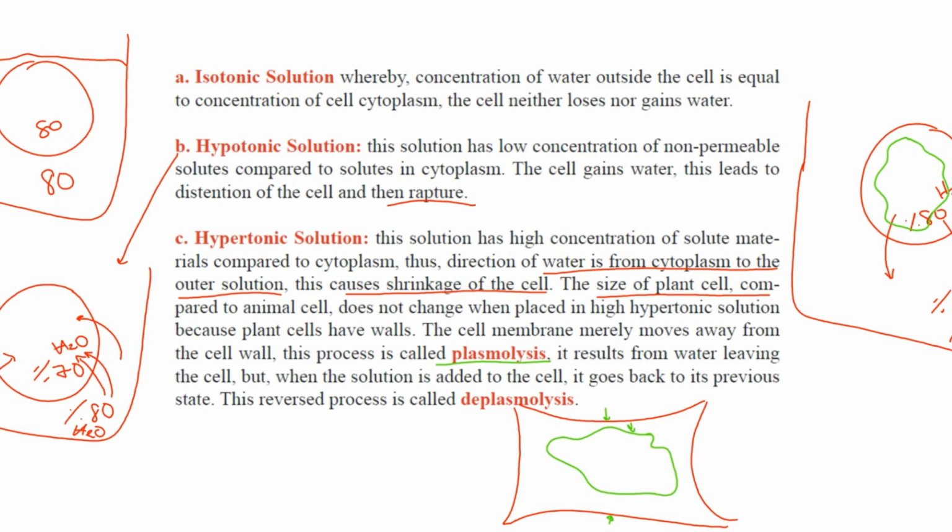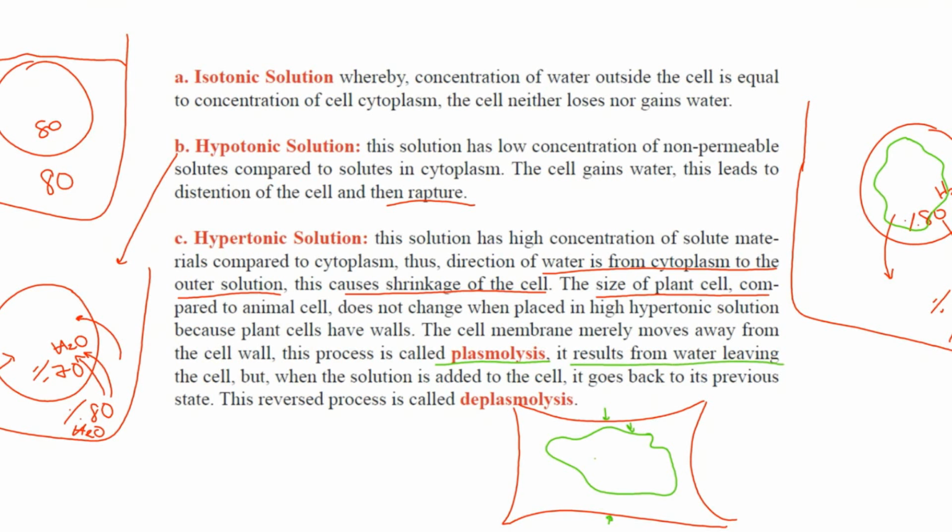For a plant cell, when you put it in hypertonic solution, it also loses water, but size does not get smaller, because just the plasma membrane moves away from the cell wall and collapses in the center. So we call it plasmolysis. It results from water leaving the cell; the cause of plasmolysis is losing water.